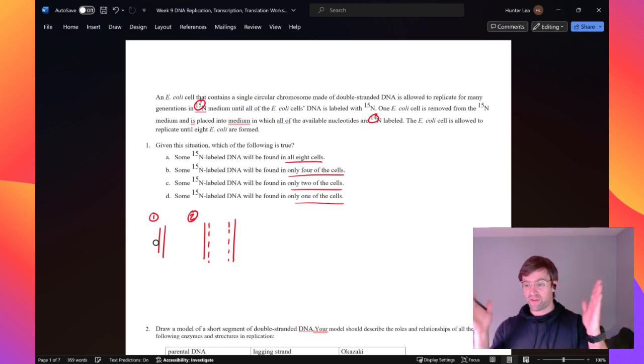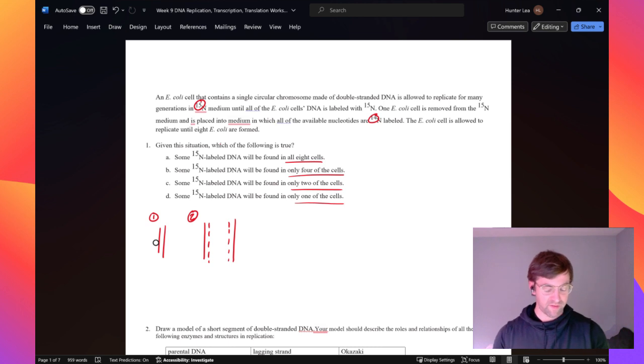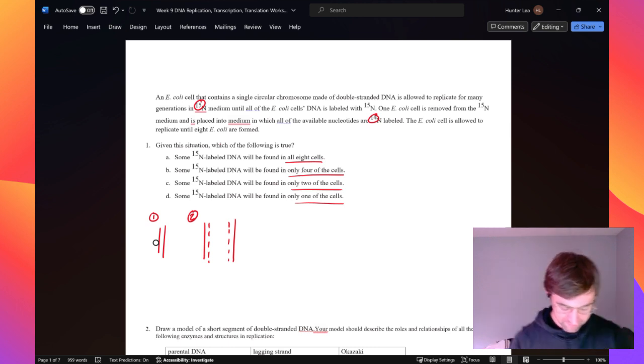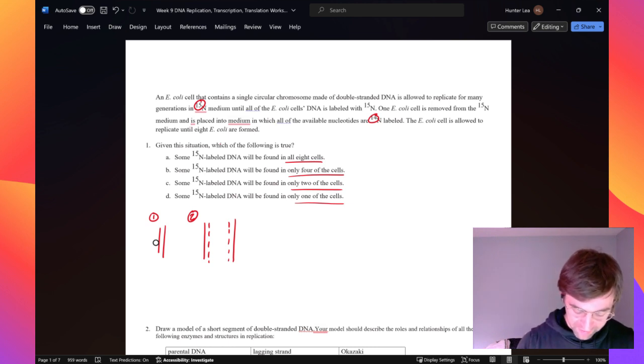So each of those parent strands is replicated and paired with new DNA. So this represents 2 new double-stranded circular chromosomes.